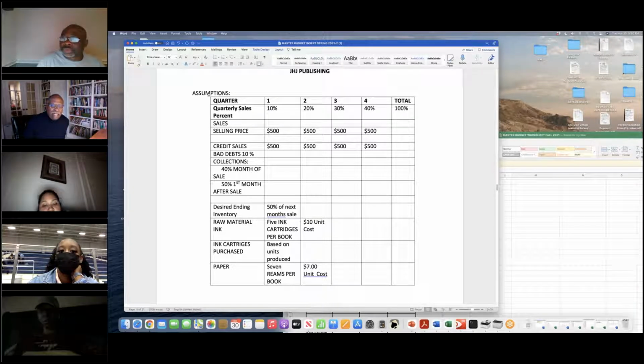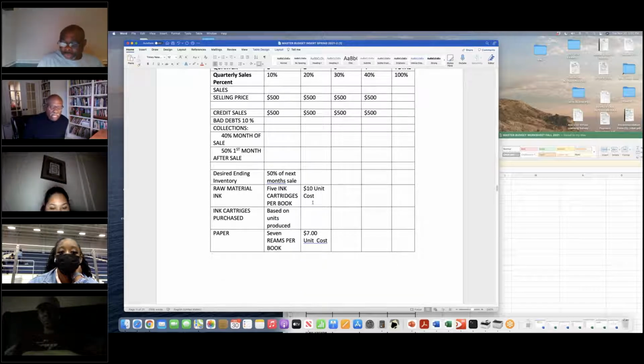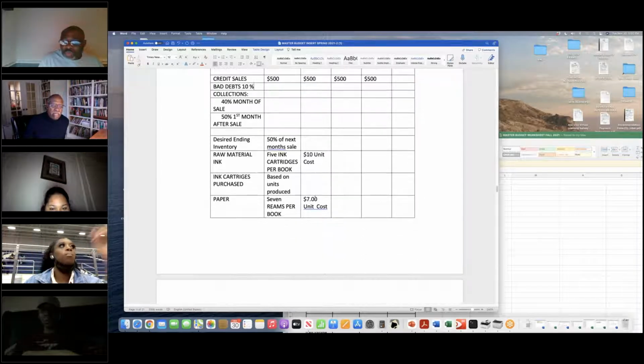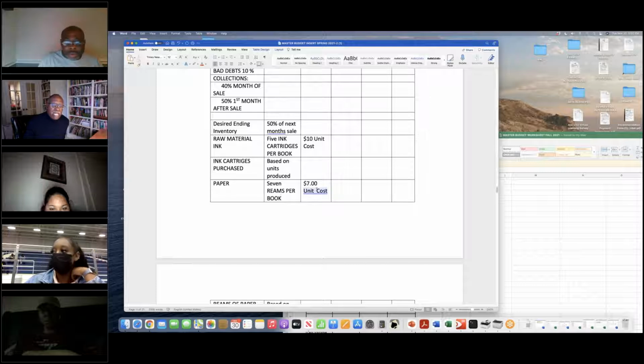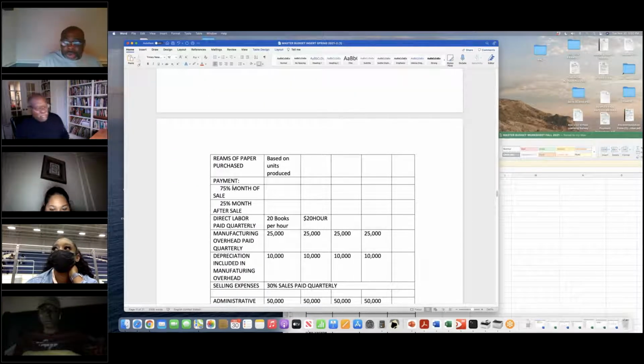We have a desired ending inventory of finished goods of 50%. We haven't hit that yet, we're just talking about it. Then we find that it takes raw materials: 5 ink cartridges at $10 each, and 7 reams of paper at $7 each. We pay for this paper 75% in the month of purchase, 25% after that.